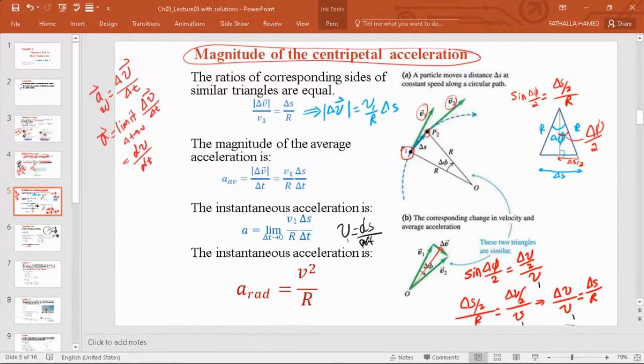Now, if you look at the origin of the circle, and you're moving around the circle with a radius r. So at position 1, you are r away from the center of the circle, and at position 2, you are r away from the center of the circle.